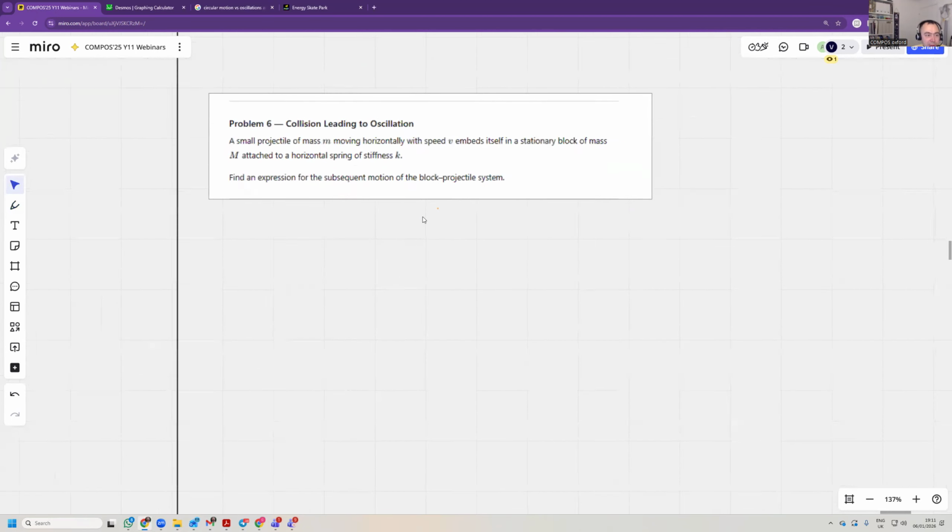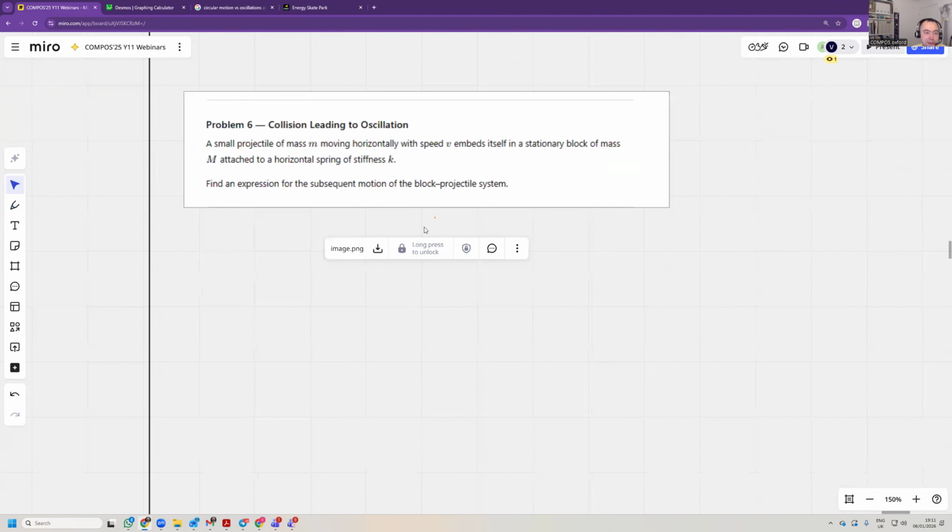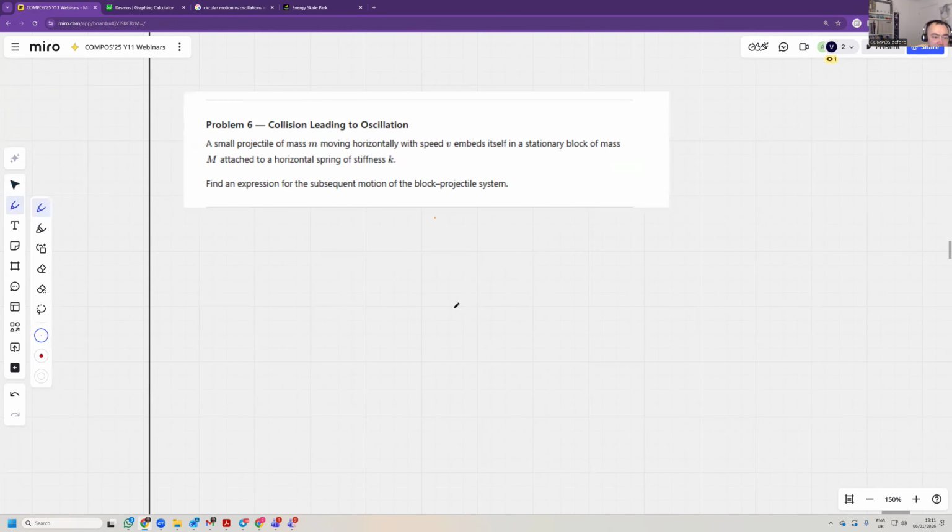A small projectile, mass m, moving horizontally with speed v, embeds itself in a stationary block of mass M attached to a horizontal spring of stiffness k. So we have a ball and a spring, stiffness k.